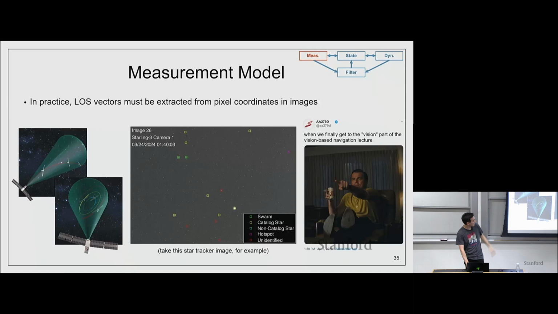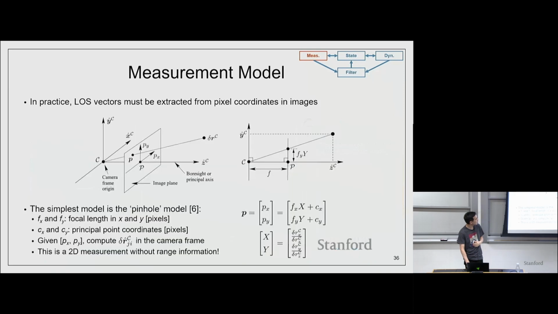So what we can do is apply some centroiding algorithms to this and get the pixel locations of those two swarm objects. And then we can apply a camera model to extract the unit vector information. This is the simplest model you can do. It's called the pinhole model, where on the right-hand side, for example, you have your two pixel coordinates, px and py.